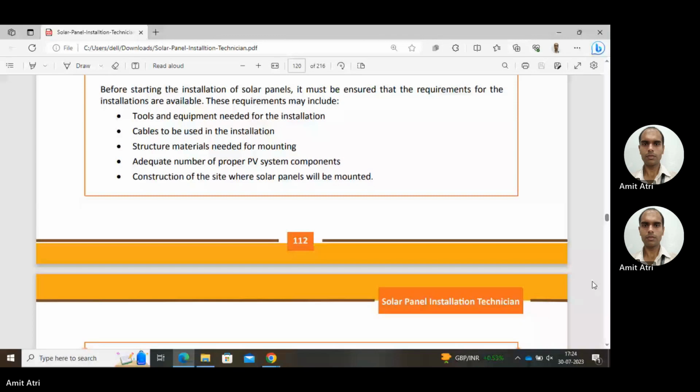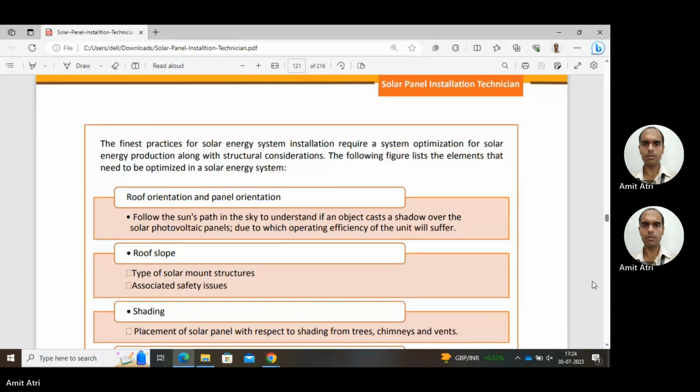The best practice for solar energy system installation requires system optimization for solar energy production along with structural considerations. Now the structural considerations we will be discussing here. First, roof orientation and panel orientation.